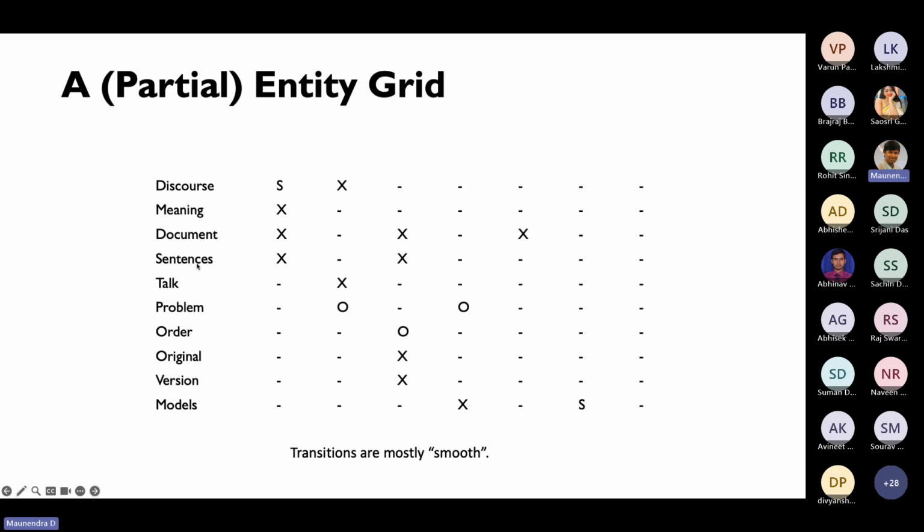Okay, so these are the different words that we are interested in, maybe the nouns. And suppose each column represents a sentence.